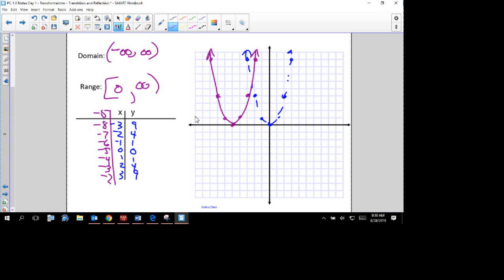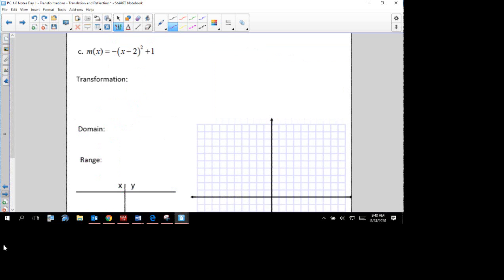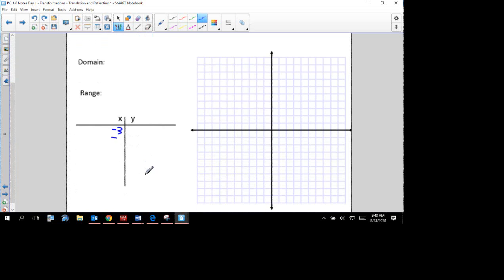All right, third one. Now we have multiple transformations to worry about. So what's our parent function? x squared still, so it's still those same numbers I've just used.